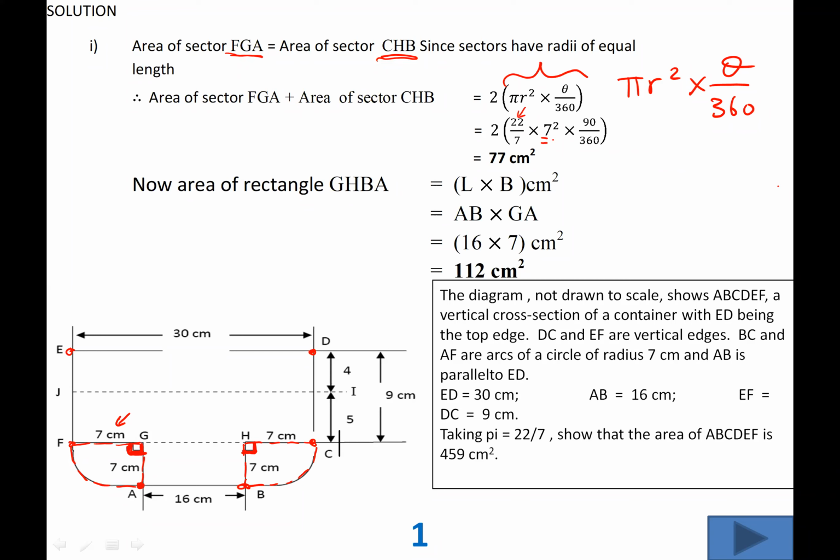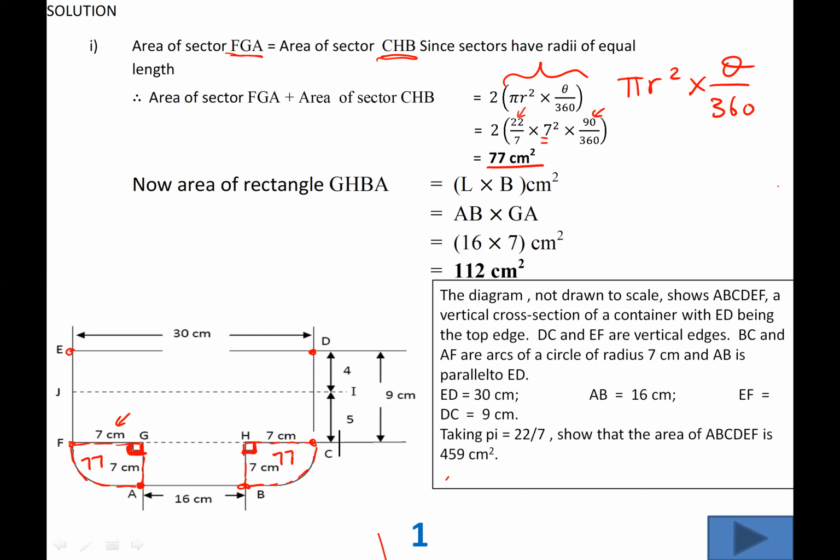Theta is 90, which we have at the top, over 360. And when you work all of that out, you're going to get 77 centimeters squared as the area of the sector. So we could write that in, 77. And the other one on the right side, which is CHB, is also going to be 77 because they are the same sectors, quarter of a circle of radius 7 centimeters.